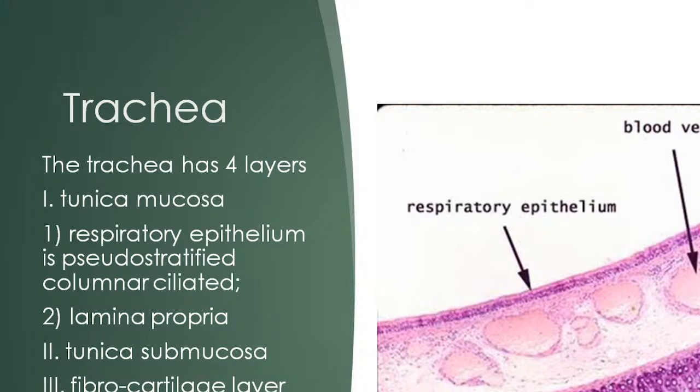It's important because the trachea goes together with the esophagus, and when we swallow food, the esophagus extends and needs a place for this food, and the trachea provides it because it's not closed.